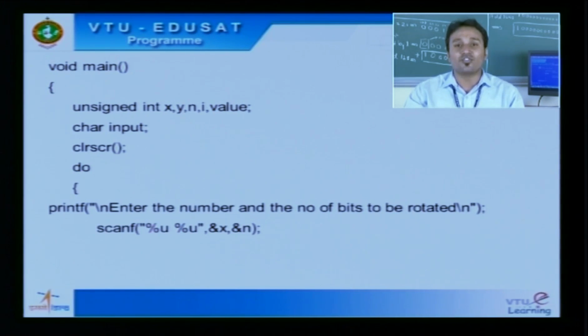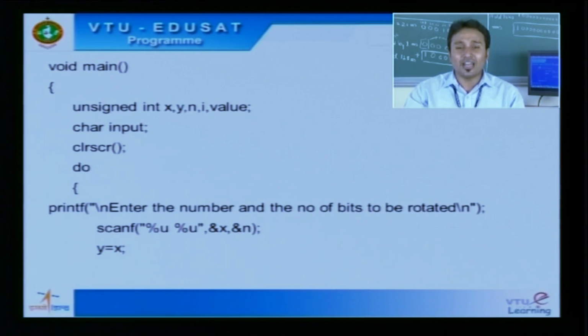Here x stands for the actual number which we want to rotate and n stands for the total number of times we have to rotate. And carefully observe here that in the scanf statement we have a new format specifier %u, which stands for unsigned integers.